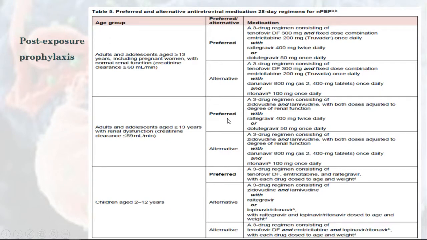They're not giving quite as much, or they're changing out the specific medications to try to preserve renal function. So for children ages 2 to 12 years old, the preferred method is a 3-drug regimen consisting of the tenofovir, the emtricitabine, and raltegravir, with each drug dosed to age and weight.